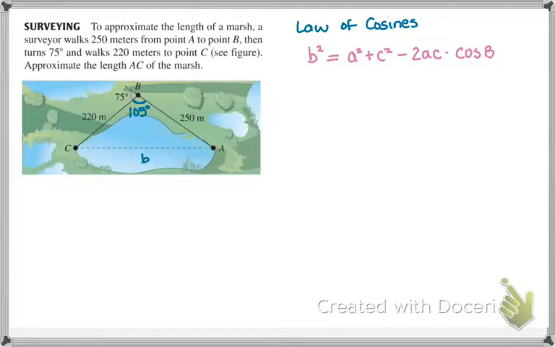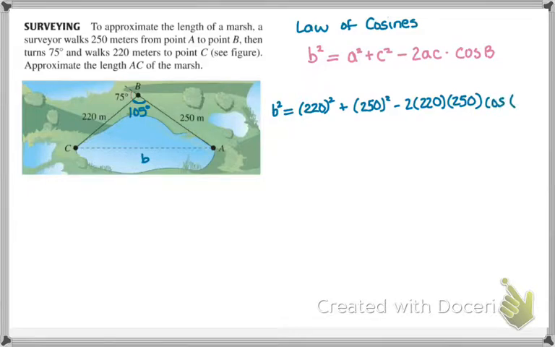So I have b squared is equal to little a, which is 220 meters, squared, plus 250 meters squared, minus 2 times 220 times 250 times the cosine of angle B, which is 105 degrees.